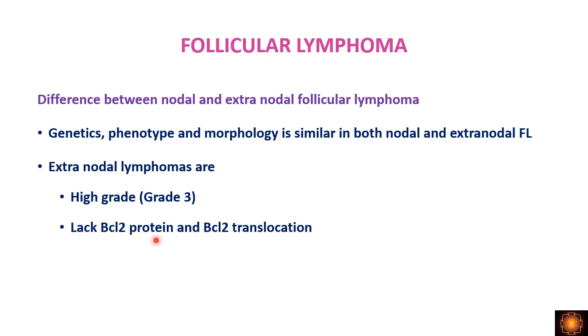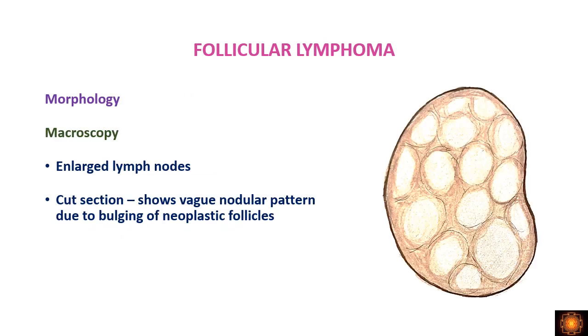But the other mutations we have seen will be present in these cells, and usually they are high grade 3 lymphomas. So that is the difference between nodal and the extranodal follicular lymphoma. Morphologically, it is similar, but the grade will be high, and we have the lack of BCL2 protein, because the BCL2 translocation may not be present in this.